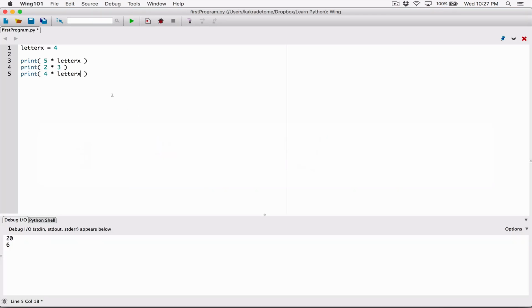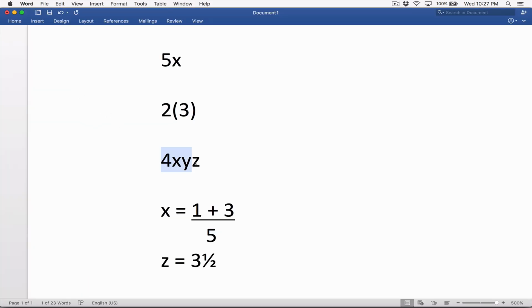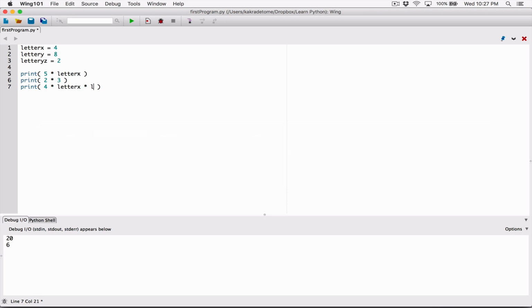We don't have letter y and letter z declared, so let's go ahead and do that. So letter y, let's store any random value in there, 8. Letter z, let's store the value 2 in there. So this is 4 times x times y times z: 4 times letter x times letter y times letter z.